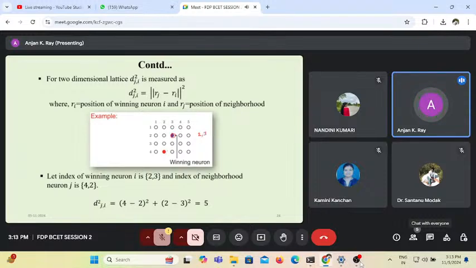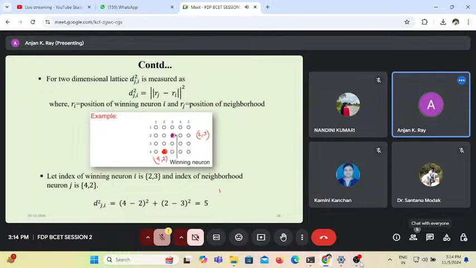And let's say we want to calculate the neighborhood distance for this neuron, whose index is 4. So the structural distance will be this.